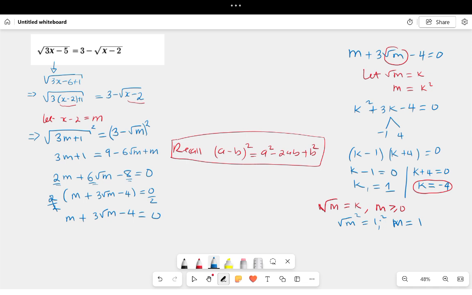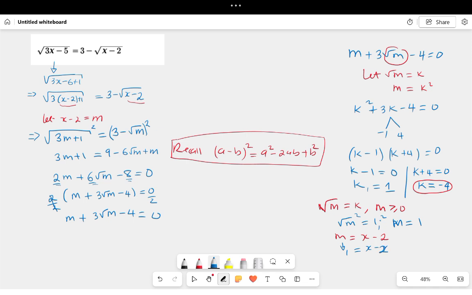But remember, at the very first substitution, what was m? We said m was equal to x minus 2. So therefore, if in this case our m is 1, we can get the answer for x.